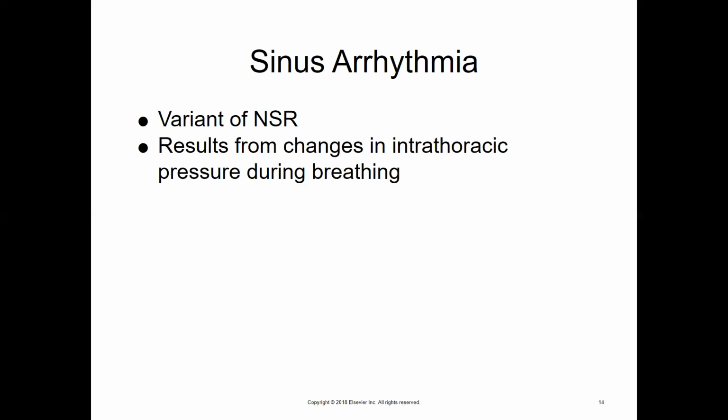Occasionally, they are due to medications like digitalis or morphine, but sometimes they're caused by breathing, where the heart rate increases slightly during inspiration when you take a breath, and when you exhale, it can also vary during that time as well.